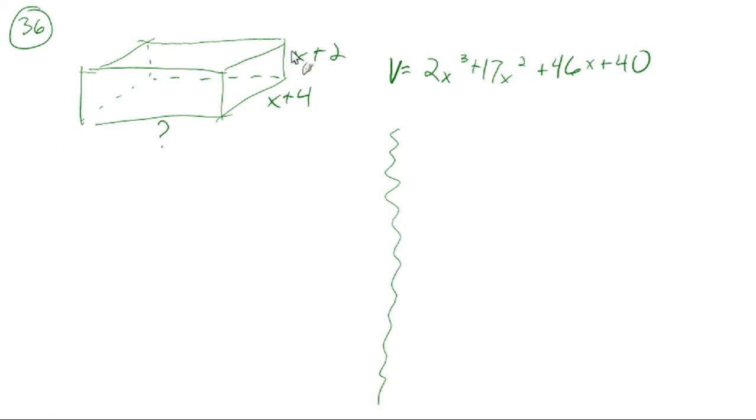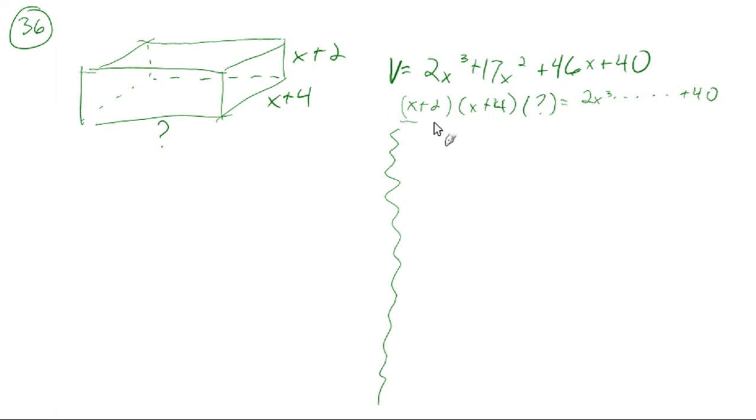So if we multiply x plus 2 by x plus 4 by question mark, we should get this, right? So x plus 2 times x plus 4 times question mark should equal this. So it should equal 2x cubed plus 17x squared plus 46x plus 40, that polynomial there. So we want to find question mark.